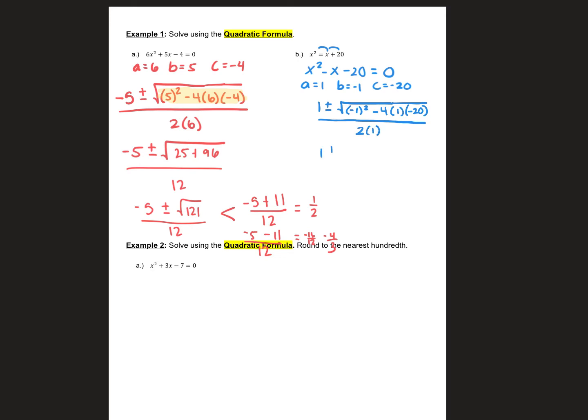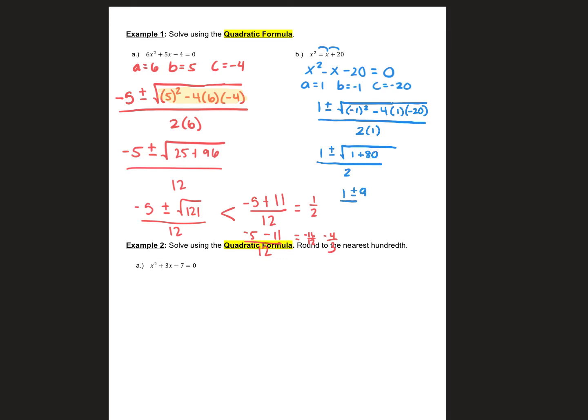Remember to do your square root first, so you can use your calculator, or you can actually multiply it out. If you multiply it out, you get 1, and that becomes positive 80. And the square root of 81 should get you 9. So again, you can use your calculator to simplify the square root all the way.